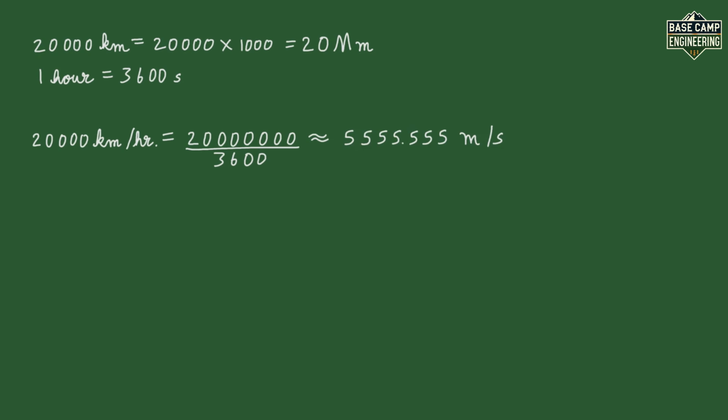So, it is approximately 5555.555 meters per second. For precision, round to 556 meters per second. Dimensional analysis confirms distance divided by time is equal to meters per second, which is correct for speed. This helps the team make sure the spaceship is going fast enough to reach space.